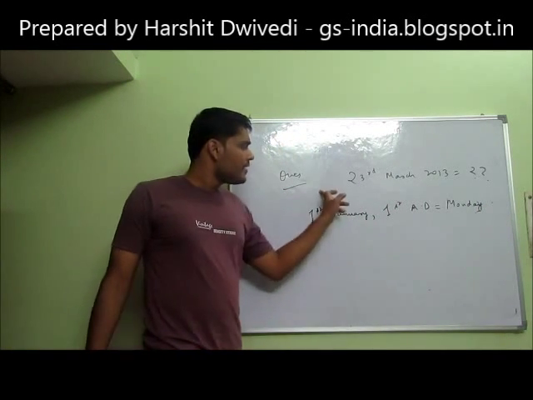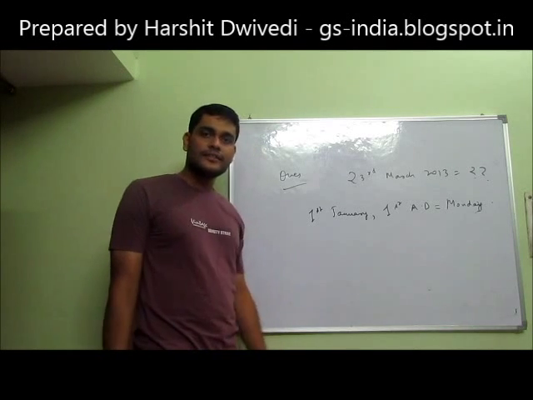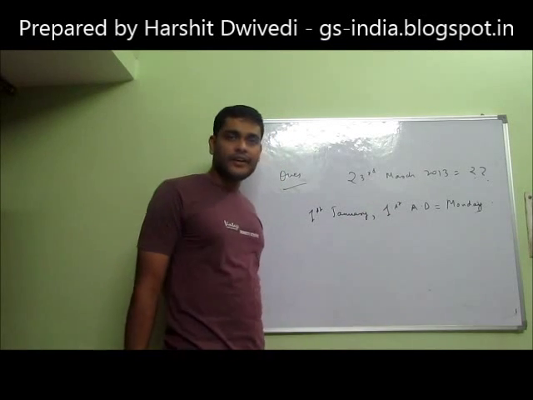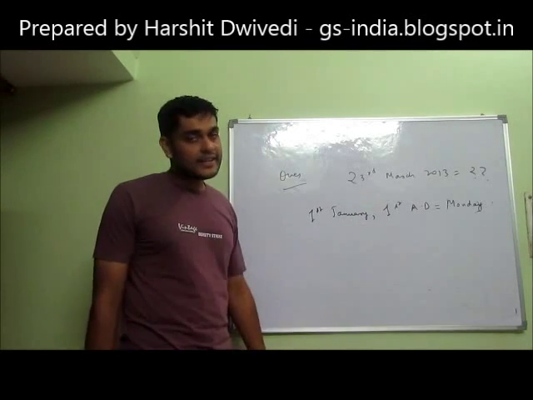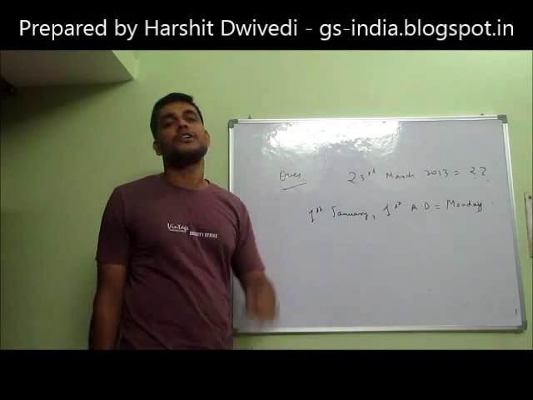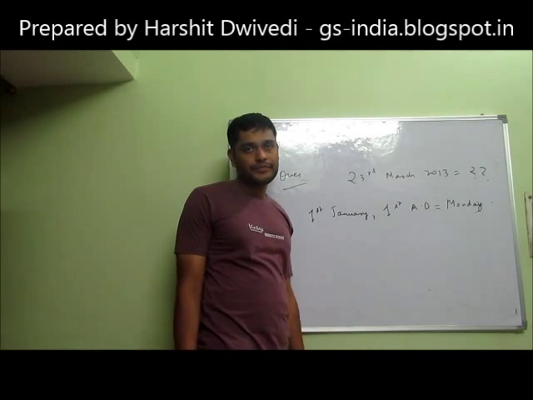That is, when no base is given to us, we have to assume that the very first day, 1st of January, 1st AD, was Monday, and from then on the counting started. Now on the basis of this, I have to calculate what day is 23rd March 2013.